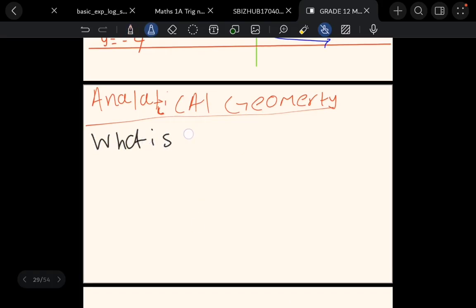Now, definitely understand what a coordinate is.